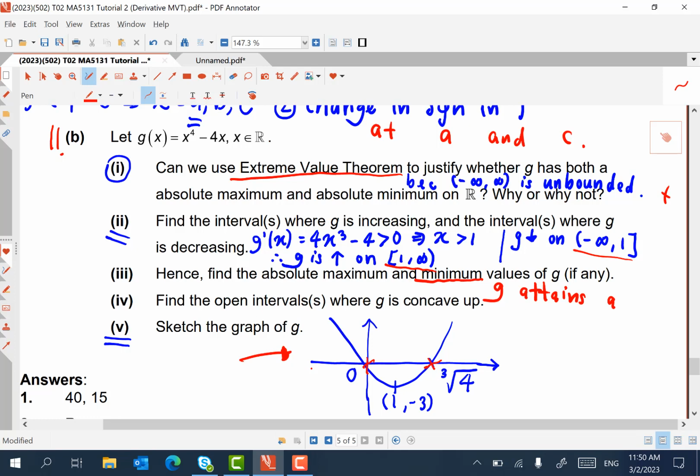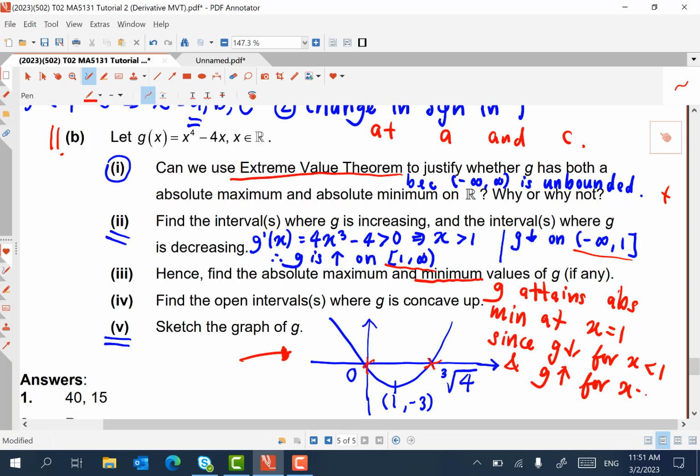Okay, let's press on. g attains an absolute minimum at x equals 1 since g is decreasing for x less than 1 and g is increasing for x more than 1.